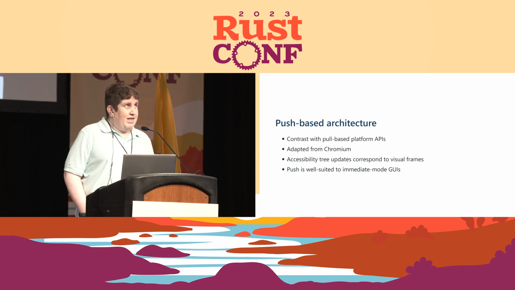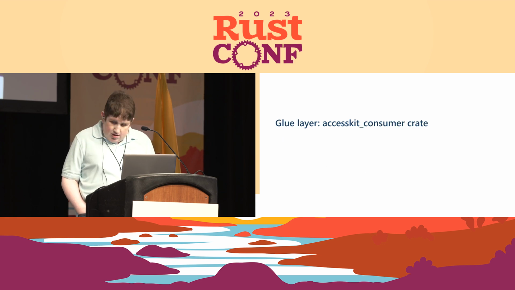But with AccessKit, a toolkit such as eGUI can push a full accessibility tree with every frame, and the AccessKit platform adapters, as well as another glue layer that I'm going to talk about shortly, make sure that the platform accessibility APIs only get events about the parts of the tree that actually changed.